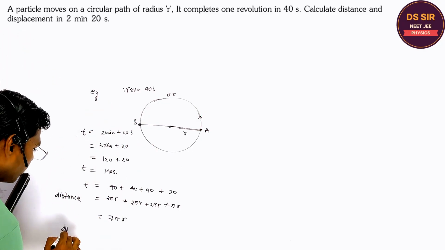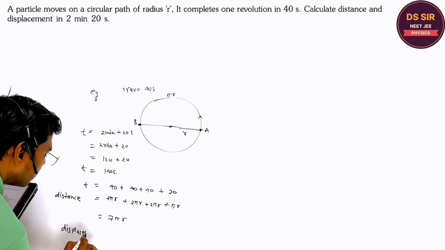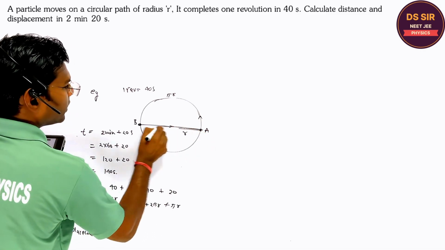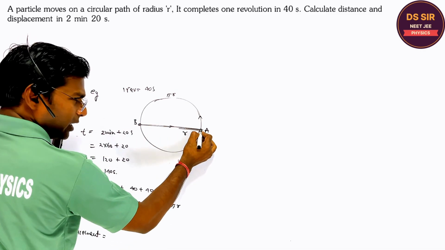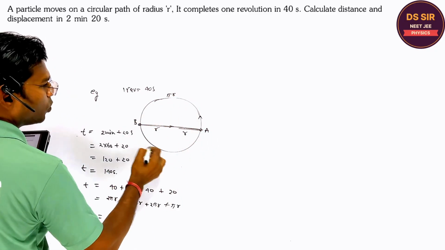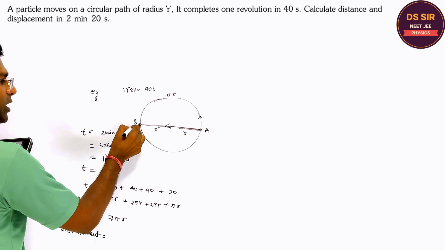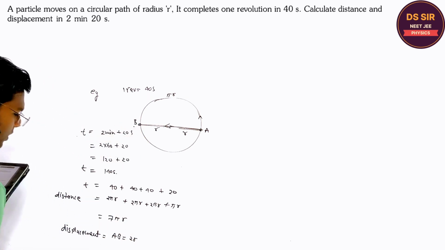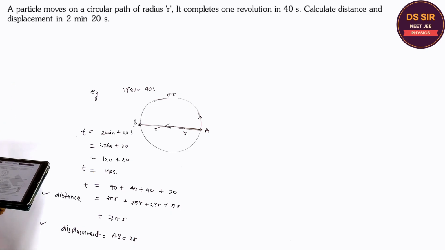So what about the displacement? Can you tell? No. Displacement is that it initially starts from here and finally reaches this point, 2r. So the line joining the initial to the final position is called the displacement and it is equal to 2r. Is it clear or not?